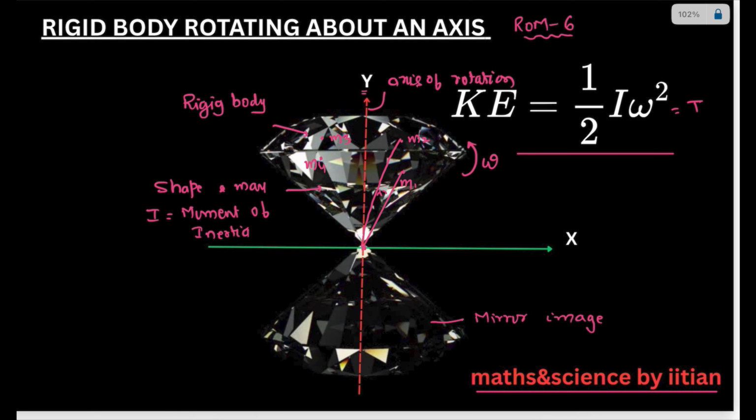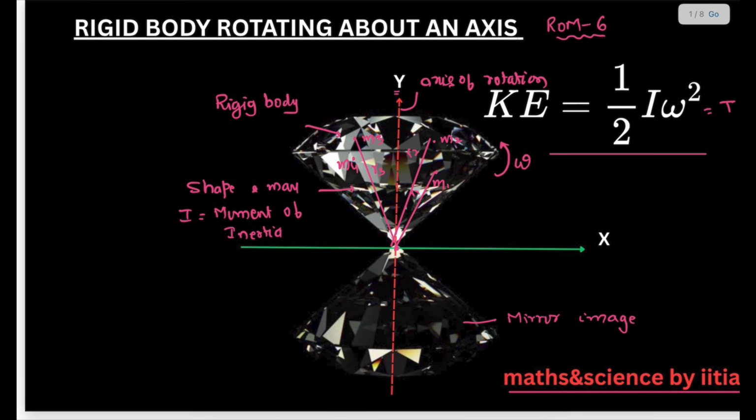Let this distance be R2. Let this distance be R3. And let this distance be R4.